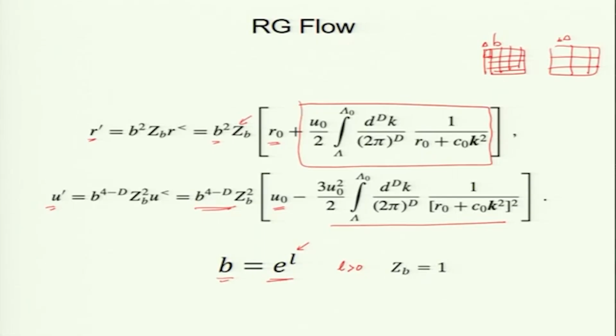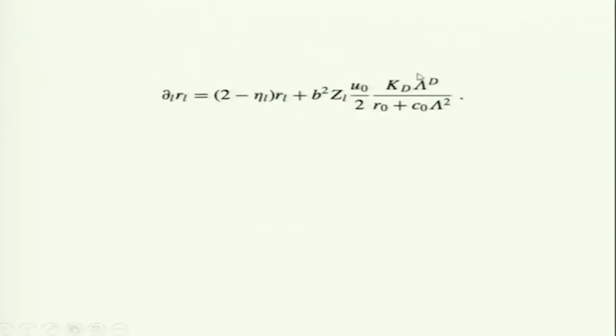I am going to write a differential equation. Basically I am going to say r prime minus r naught, so it went from r naught to r prime. That is my change in variation divided by b, where b is e to the power l. That is a subtraction I am doing.